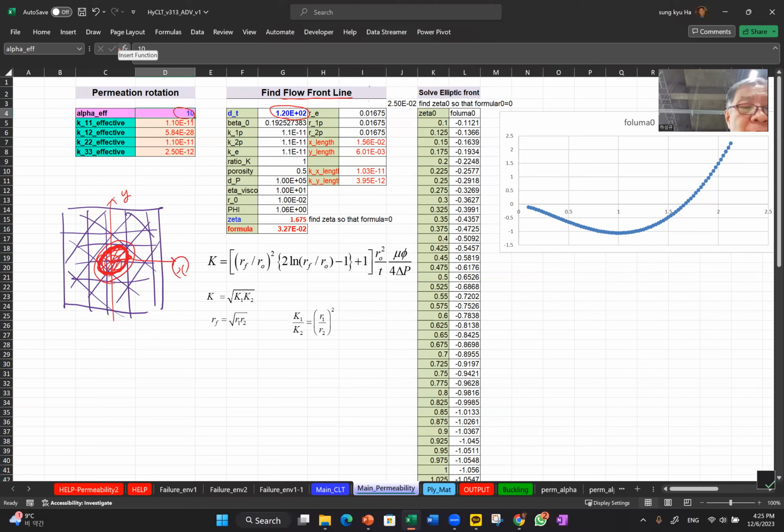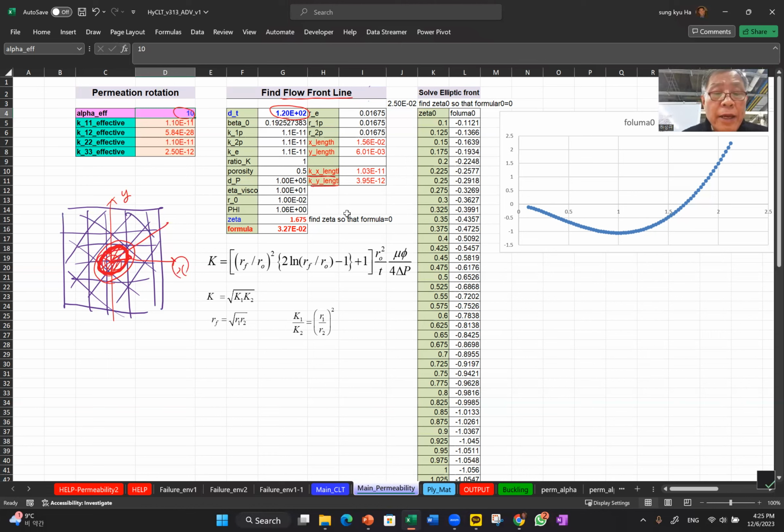So that is the x length and y length. And then Kx and Ky is similar to this. In a certain direction, we have a Kx and Ky, the permeability in that direction. So that is the output.